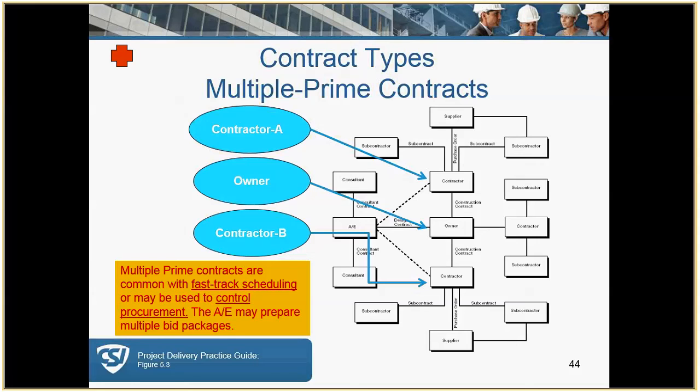And again, this would be a scenario type question: you have a tight schedule, but you need to get started, and you will be having probably some early release packages. And preferably when you have an educated owner, because this is a complicated contract to administer and to manage. And so you need an educated owner who understands what it takes to manage such a contract.